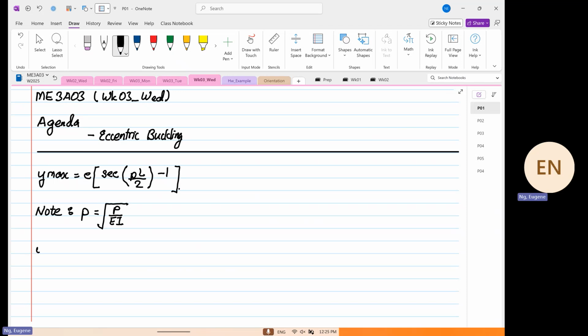So therefore, our Y max term will have E secant, and now we replace p with square root P over EI, L over 2, the whole thing in the bracket, minus 1. That is your Y max.